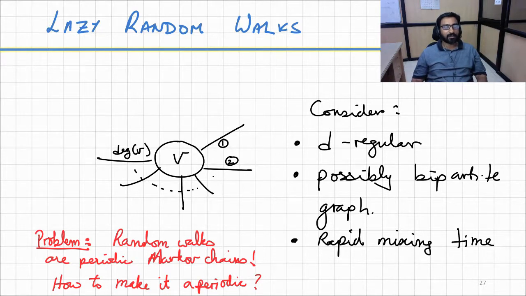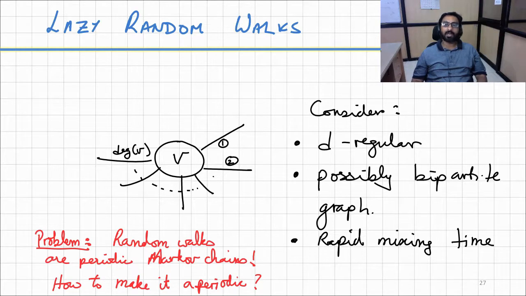So let's consider a vertex V, and it has degree of V, the number of edges incident at it. If it's d-regular, the degree of V will be exactly d, but even otherwise, you can think of d as being an upper bound on the degree, and so the individual degrees can be something between 1 and d. So here is a vertex V with degree of V edges incident at it.